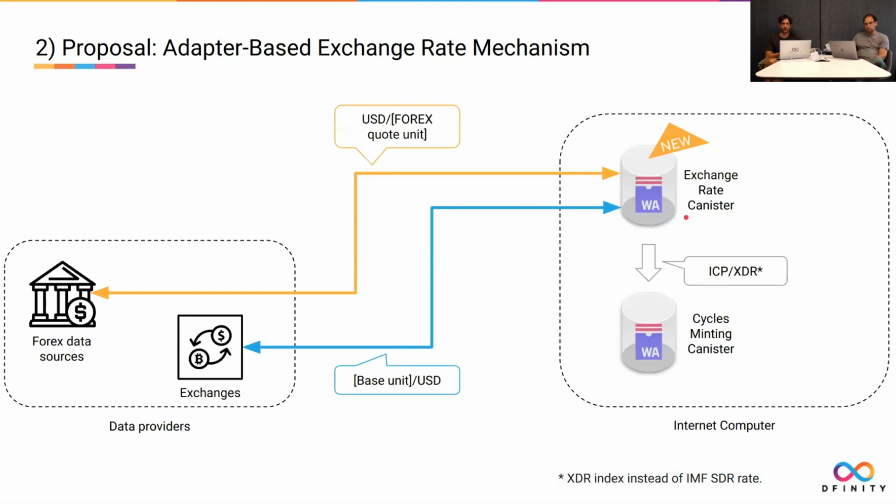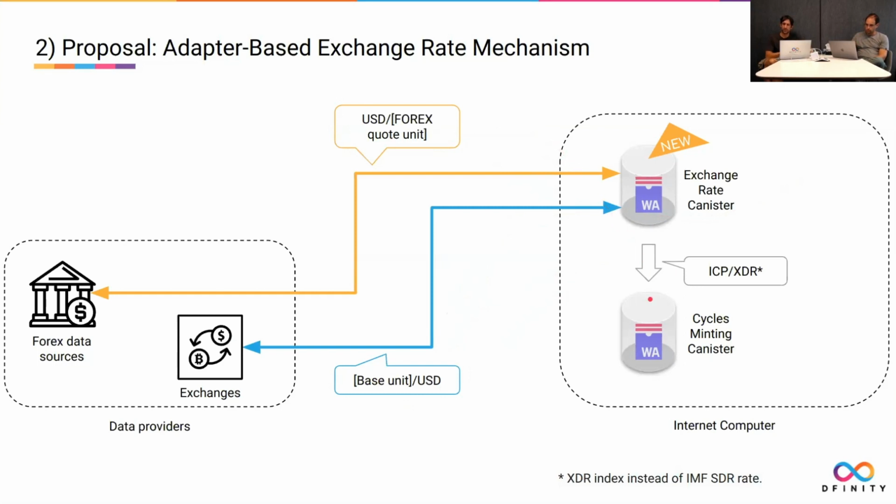The task of this canister is simply to fetch the Forex data periodically and also interact with all the exchanges, similar to how the conversion rate providers do it currently, but now we have a decentralized canister that does this work. So we can get information about any base unit in USD and then even convert it to any other fiat currency.